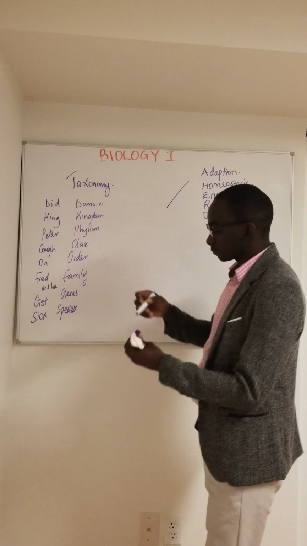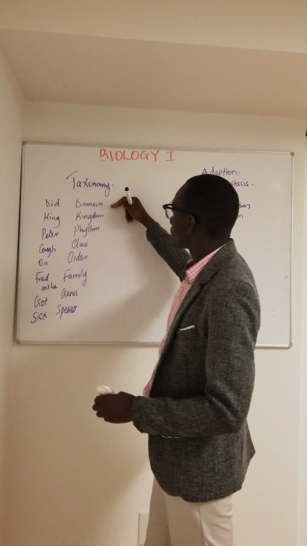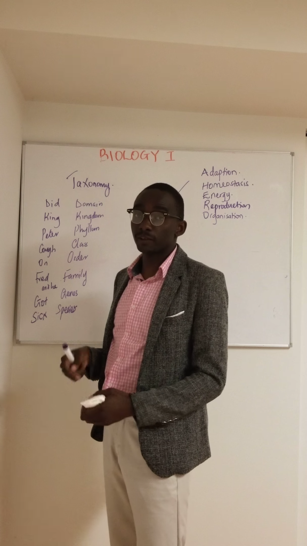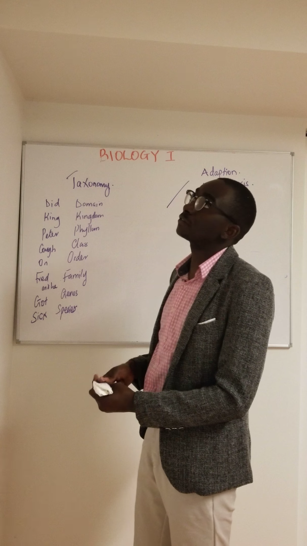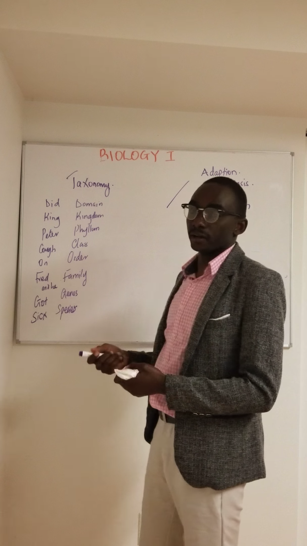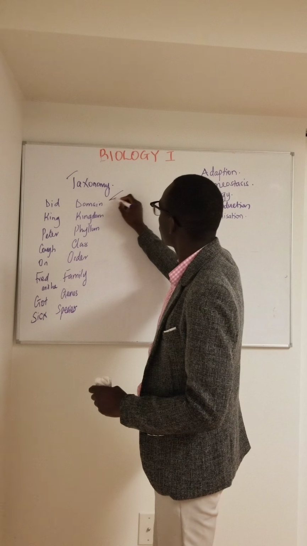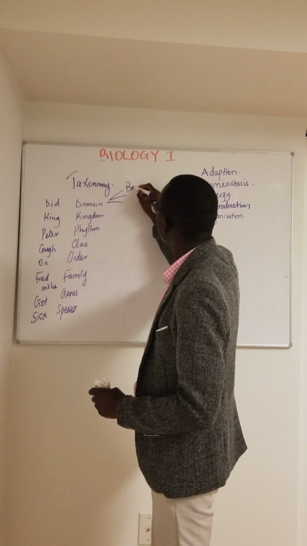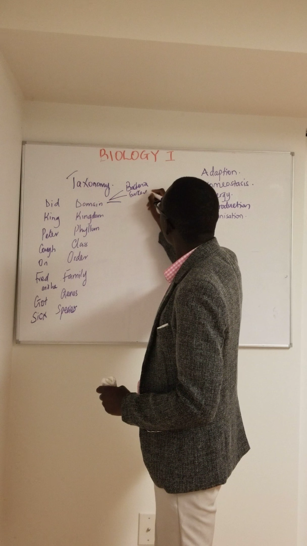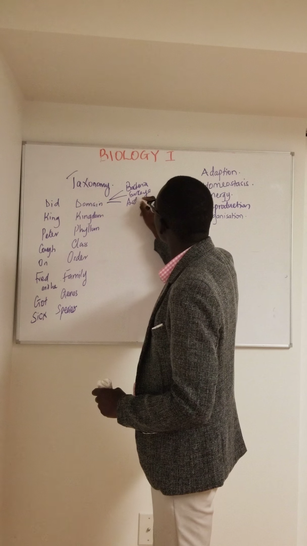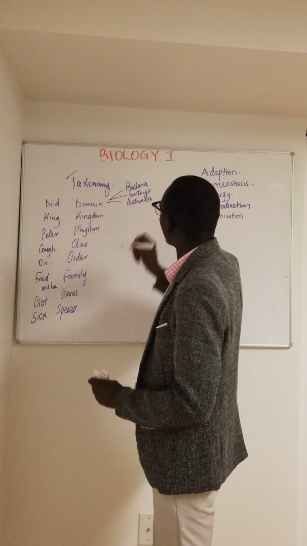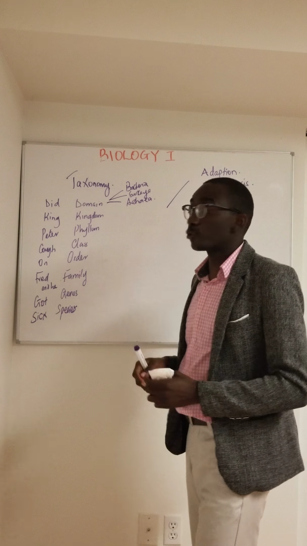So from up to down, when you're on a domain, you're non-specific. So if they say an organism belongs to eukarya, the domains are three. We have the bacteria, the eukarya, and also the archaea. So the domain is a bit broad.